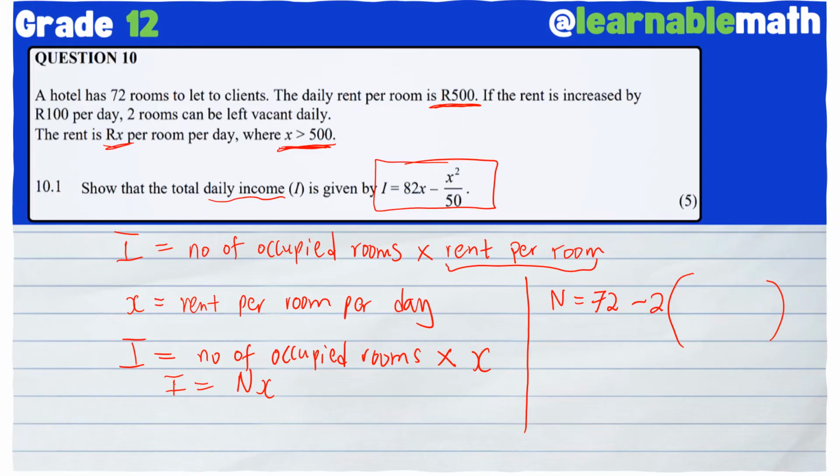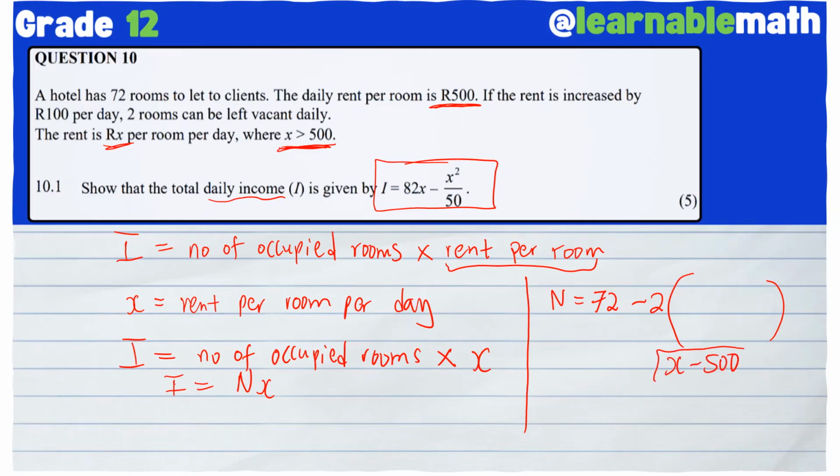Okay, so obviously, because we do know that at 500, 72 rooms will be occupied, right? And we also know that for every 100 increase in rent, there will be 2 rooms that will be vacant. Therefore, the expression for the rent, we know that it is x, right? X is the rent, but the increase from 500, if I want to know the increase from 500, obviously we'll take x minus 500.